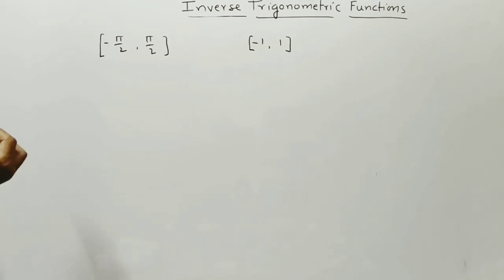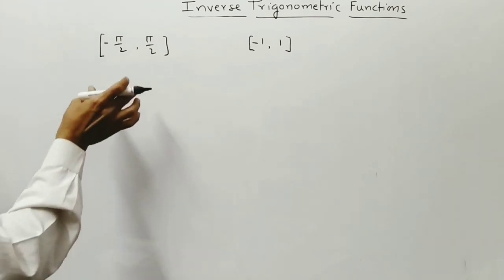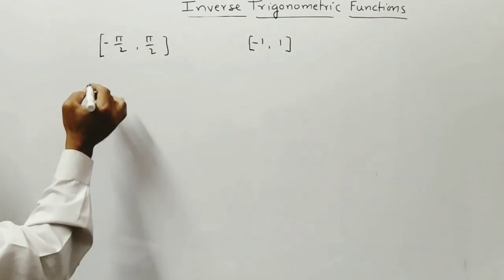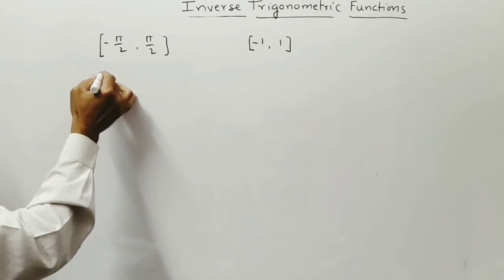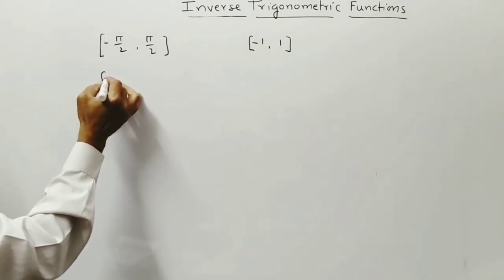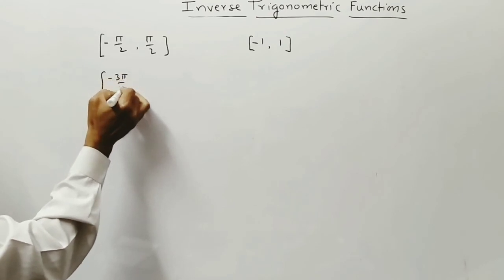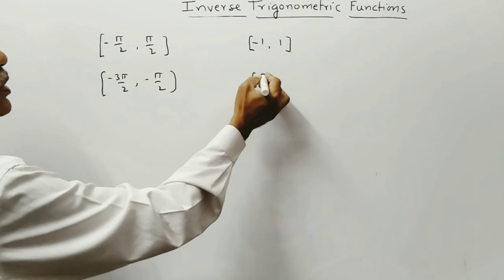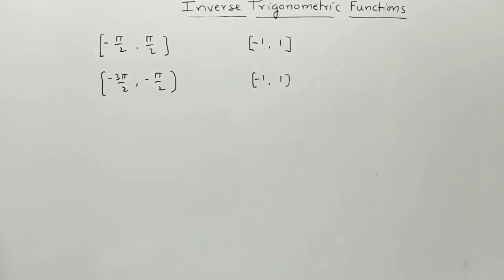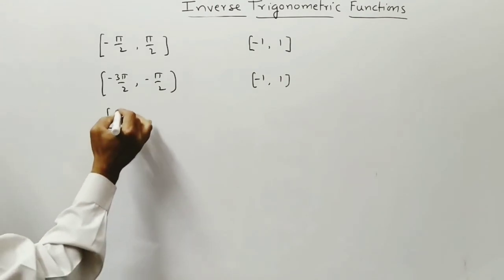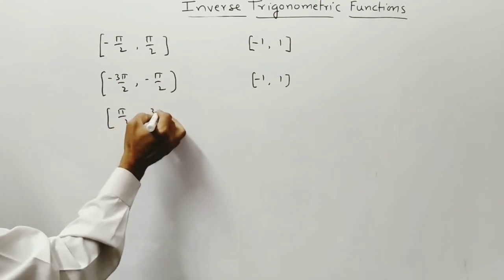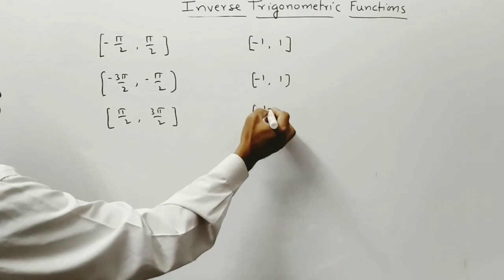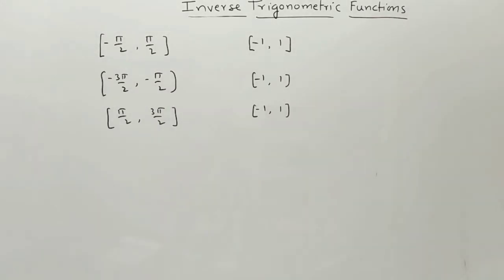Not only is sine function 1 1 and onto for the closed interval minus pi by 2 to pi by 2, but it is also 1 1 and onto for the intervals minus 3 pi by 2 to minus pi by 2, range is closed interval minus 1 to 1, pi by 2 to 3 pi by 2, and its range is closed interval minus 1 to 1, and so on.